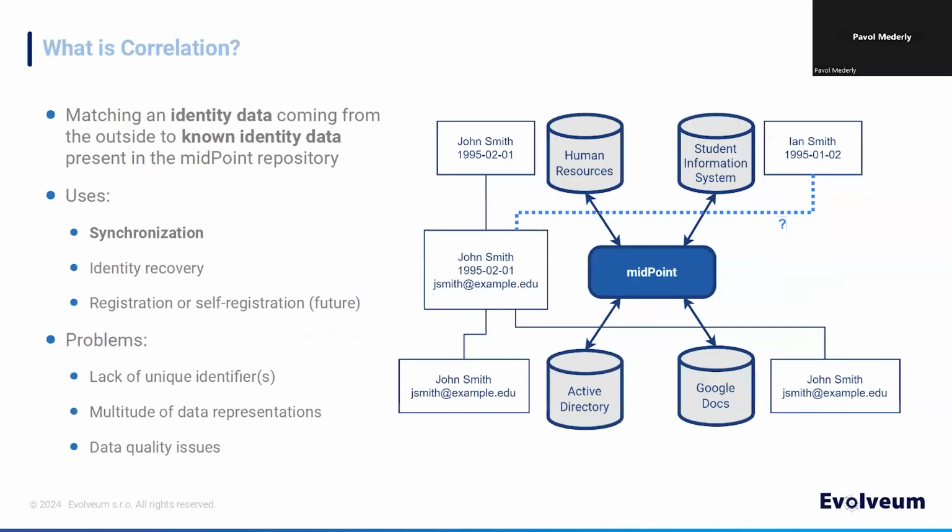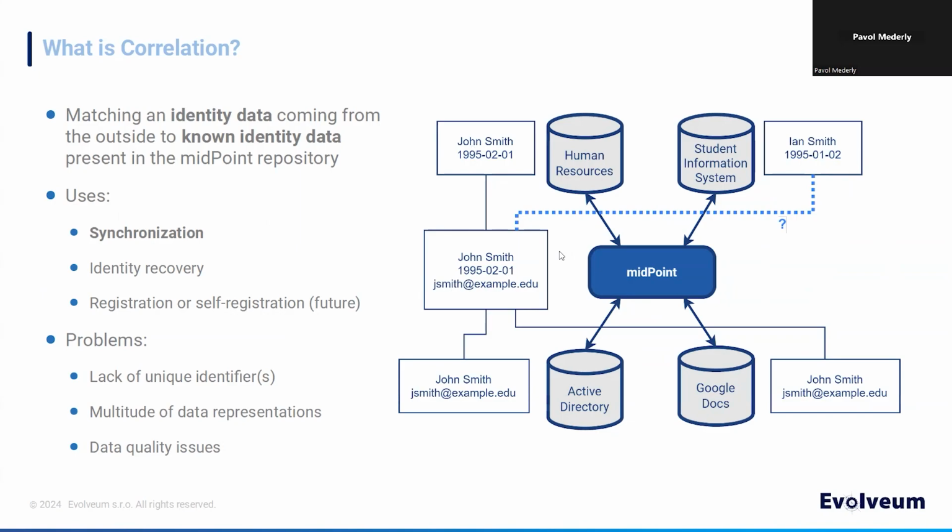So, what's the correlation? Generally speaking, it means matching identity data coming from the external world against a set of known identities present in the Midpoint repository.